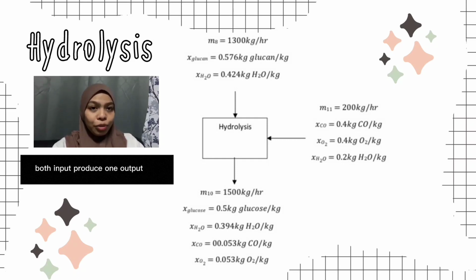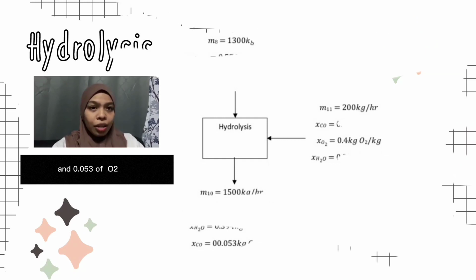Both inputs produce one output that contains 0.5 kg of glucose, 0.394 kg of H2O, 0.053 kg of CO and 0.053 kg of O2.